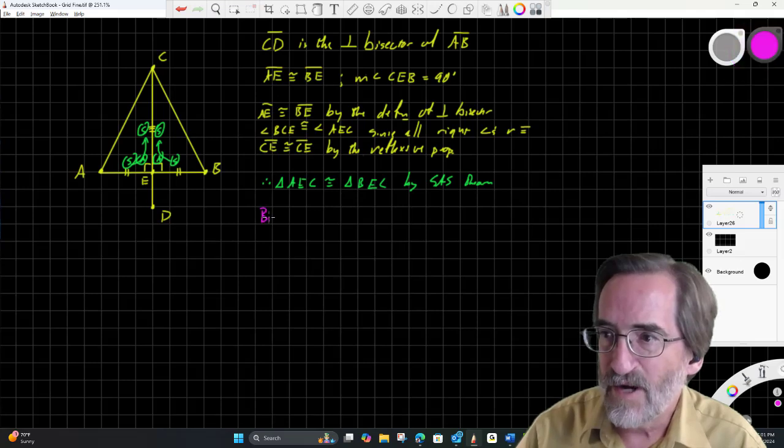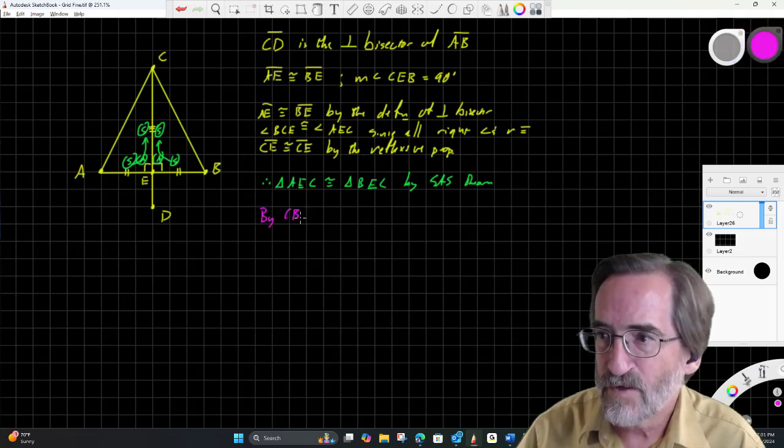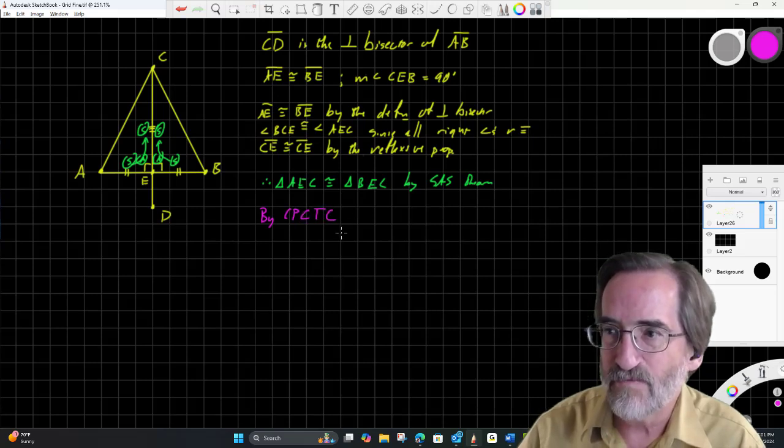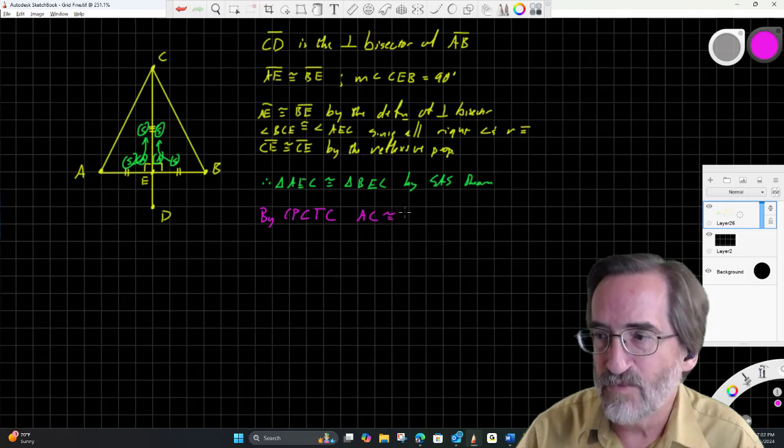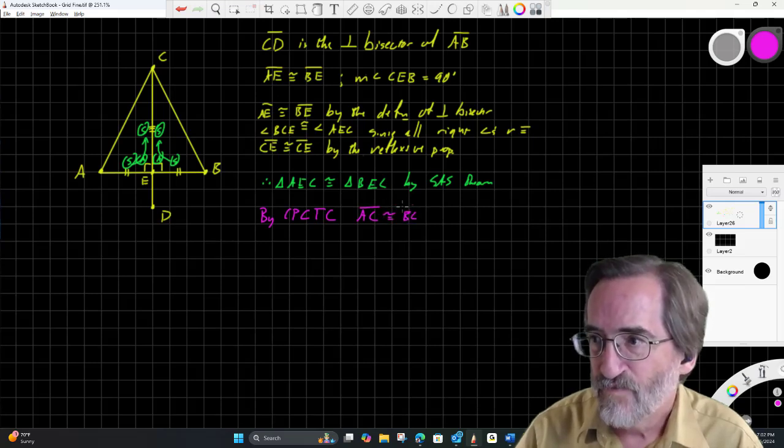So by corresponding parts of congruent triangles are congruent, or the definition of congruent triangles, we know that AC is congruent to BC, or AC is the same length as BC.